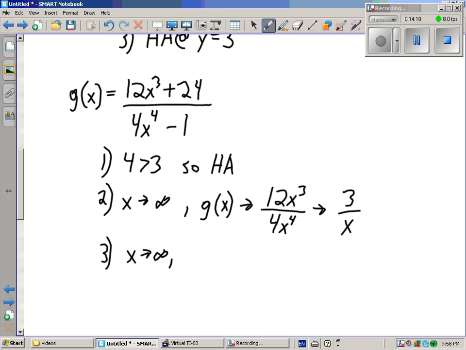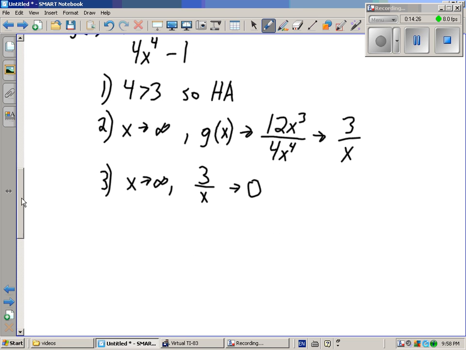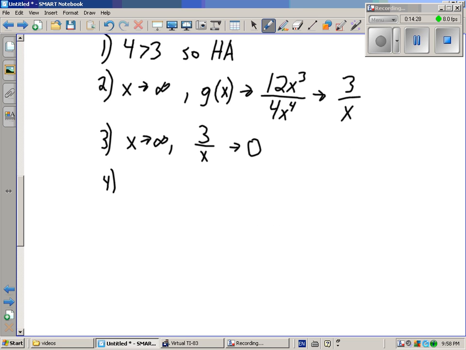It's going to approach 0. In fact, just to avoid confusion, I'm going to write 3 over x is going to approach 0. So what that tells us is that we have a horizontal asymptote at y is equal to 0.